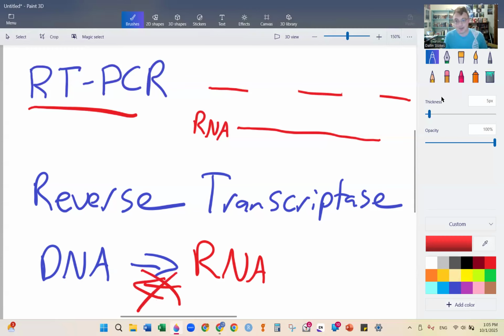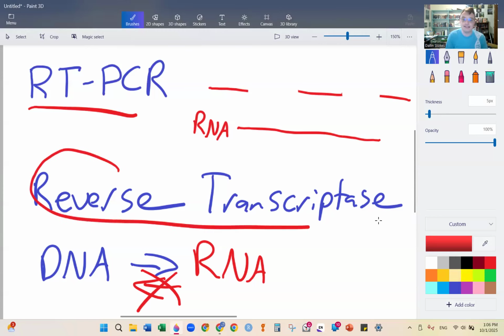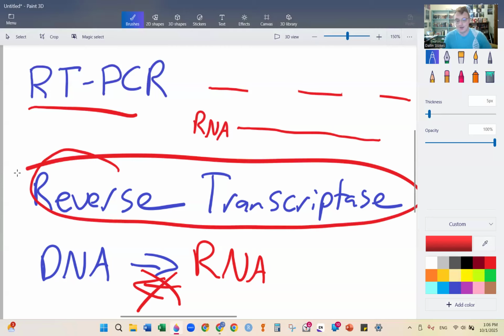Because remember, DNA polymerase 3 or Taq polymerase, depending on if you're doing DNA replication in the cell or in PCR, they only know how to read DNA and build DNA. They don't know how to read RNA to build DNA. So we can't go backwards and convert RNA into DNA. But reverse transcriptase is the key here, because reverse transcriptase is basically DNA polymerase 3.